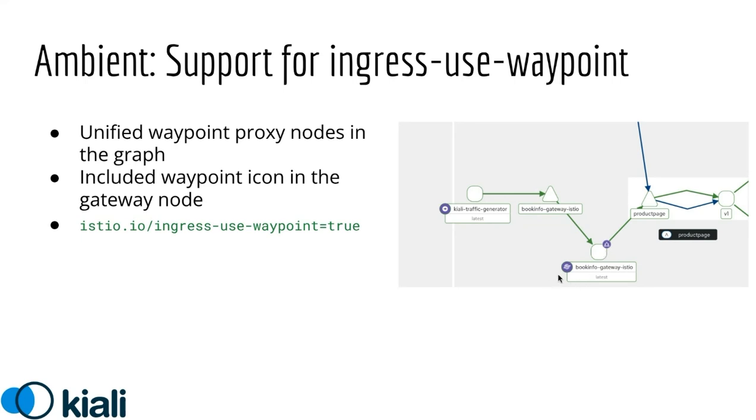Great. Yeah, thanks. So just this right here, if you can see this, hopefully this is the badge that now shows up for gateways. This is the node attachment or decorator indicating that this gateway has this particular ingress-use-waypoint equal true.